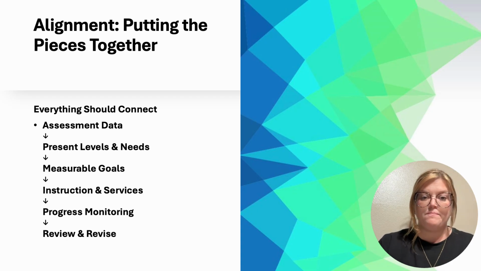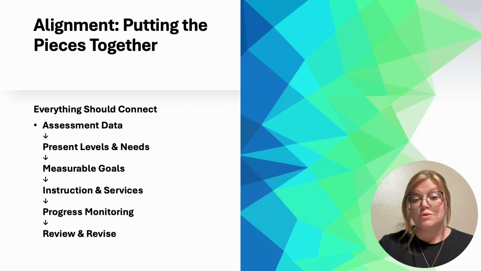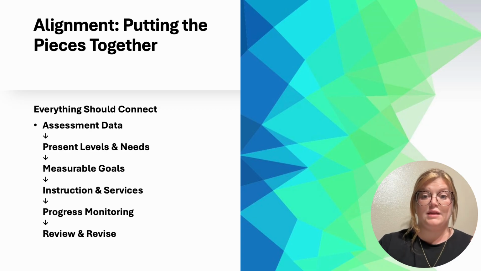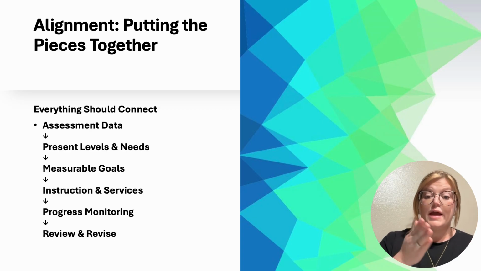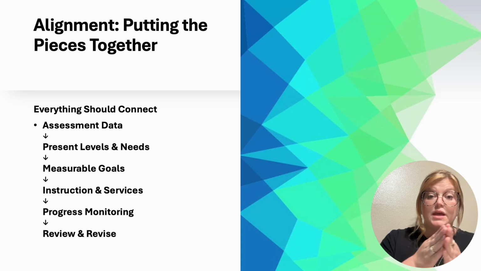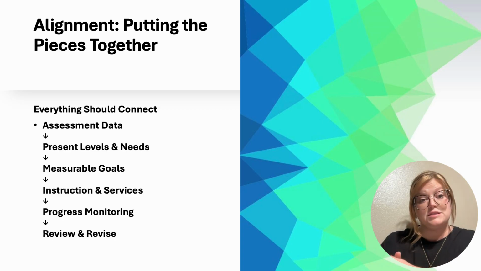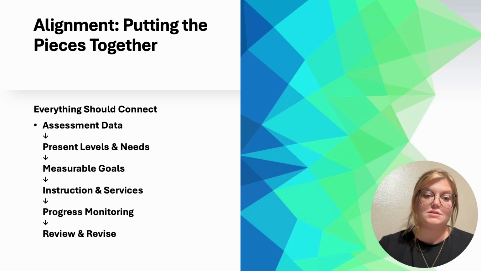For example, if assessment and classroom data show that a child has difficulty communicating needs, the IEP should include a communication-related need in the present levels, an appropriate measurable goal, instruction and supports that will address communication, and a way to monitor that progress.